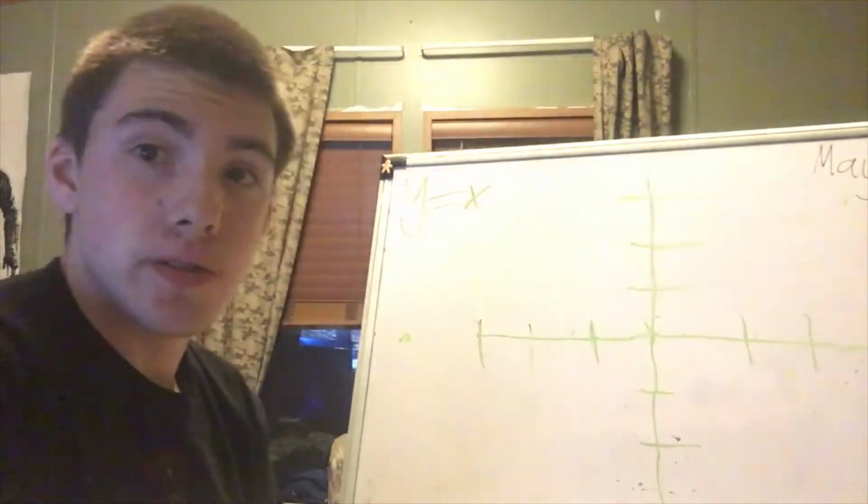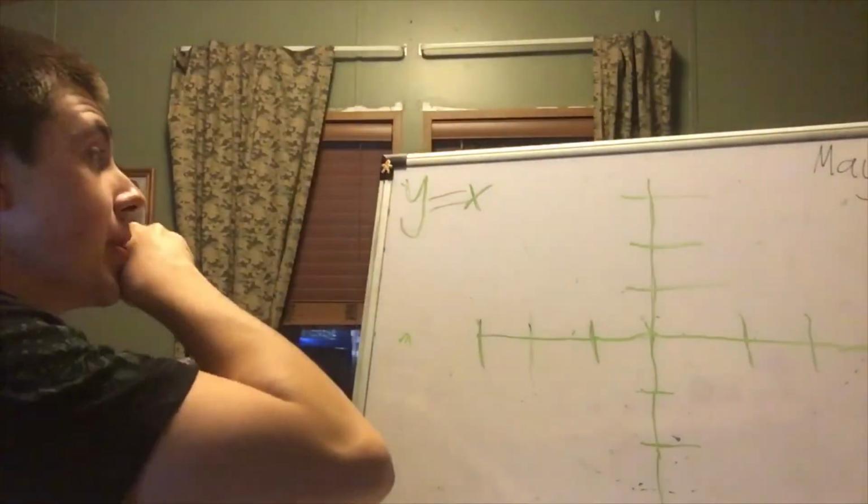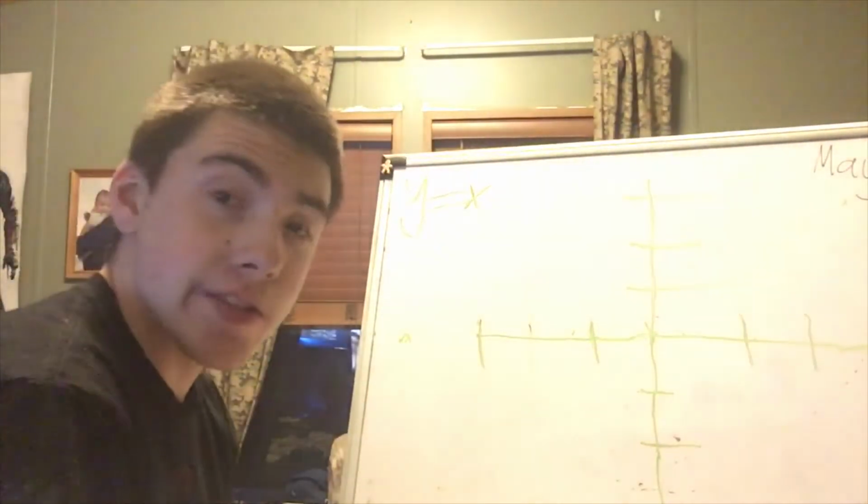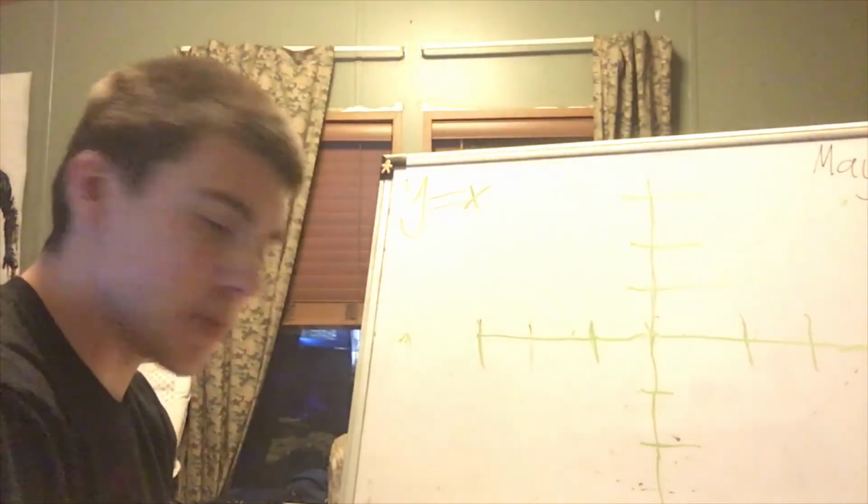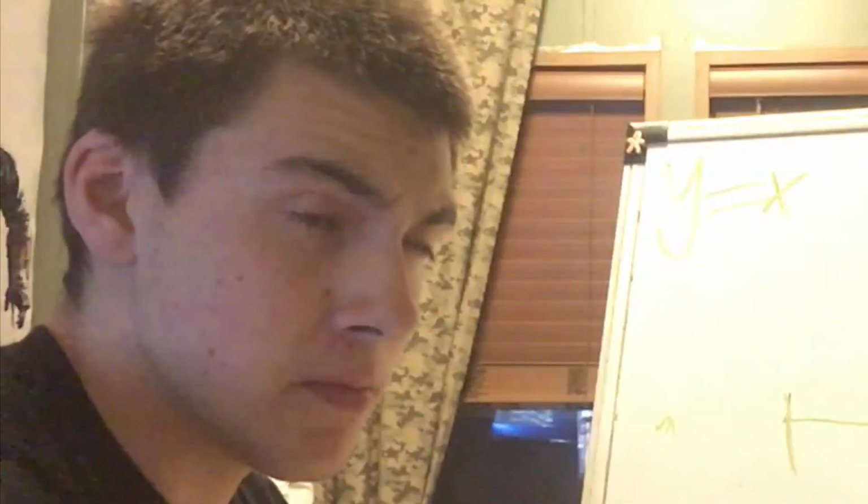So now that we know what it's like to have them in that order, let's put in an equation that I got from the book. I don't remember which page, but it's in the book somewhere.